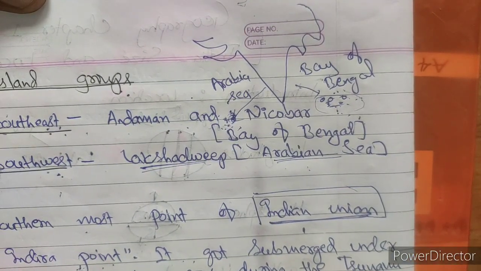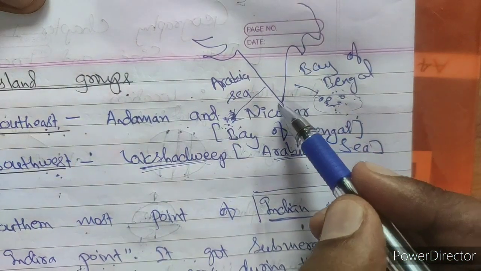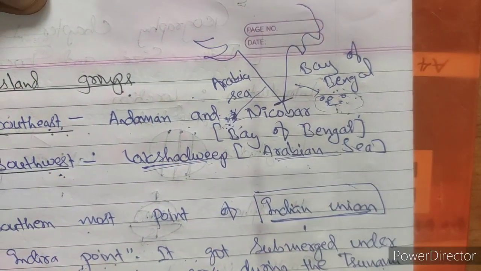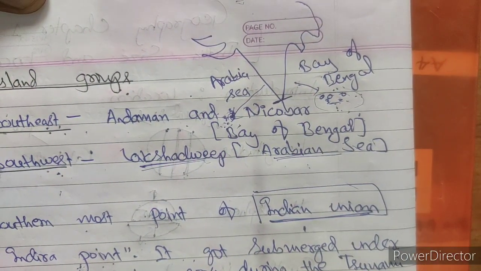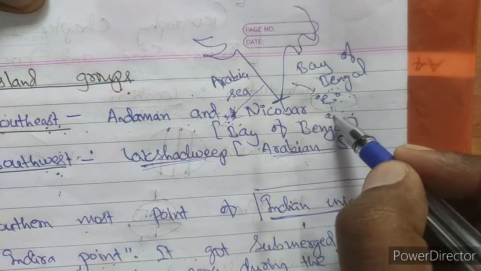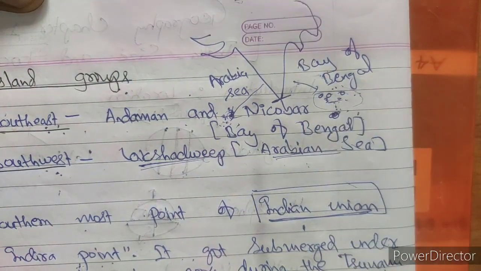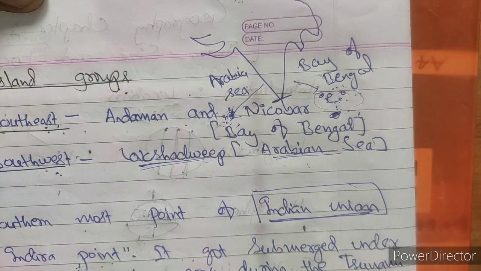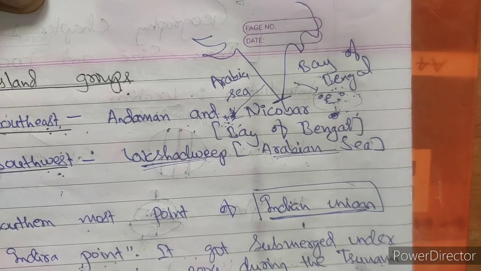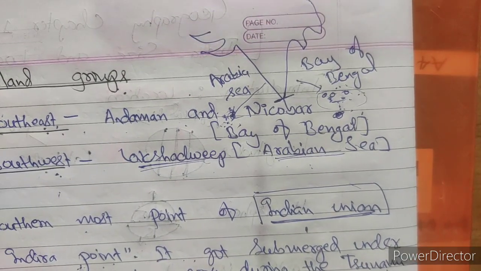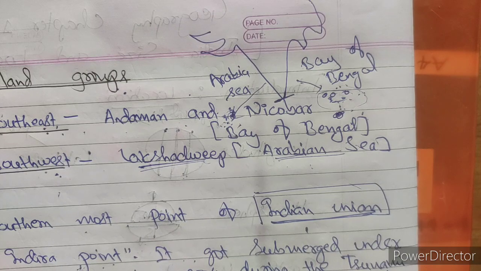The southernmost point of the Indian mainland is Kanyakumari in Tamil Nadu. But the southernmost point of the Indian Union is Indira Point in Andaman and Nicobar, which was submerged in the 2005 tsunami. I hope the concept of Indian Union and Indian mainland is clear to you. Two groups of islands are also clear to you.